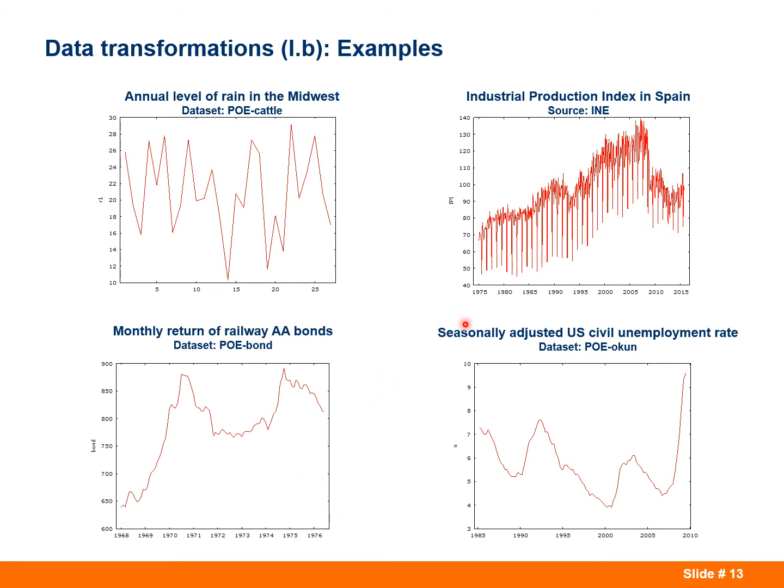Last, we have here the seasonally adjusted US civil unemployment rate. This time series has properties which are similar to the previous one. It has no seasonality because seasonality has been erased from the data to make it more comparable, and it has changes in the mean.